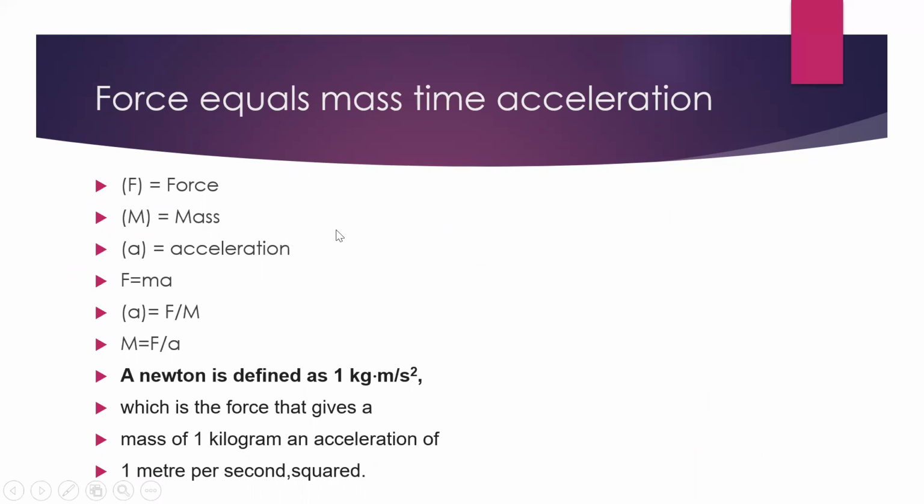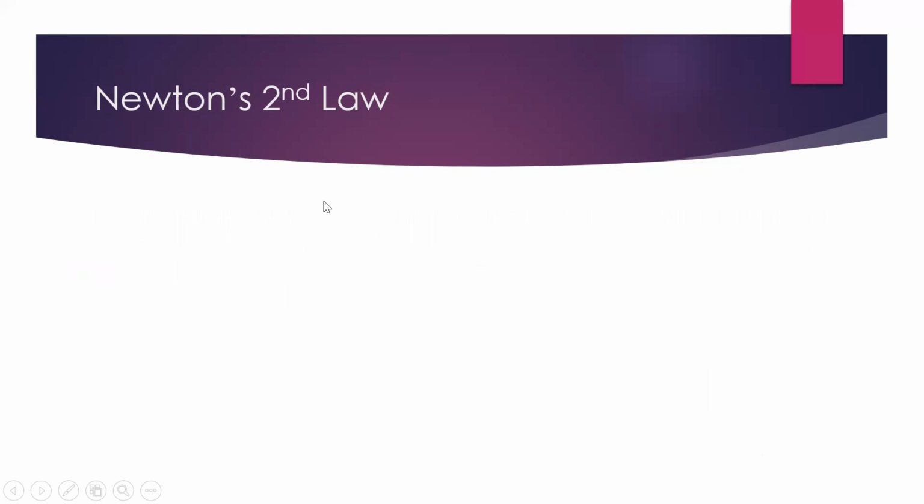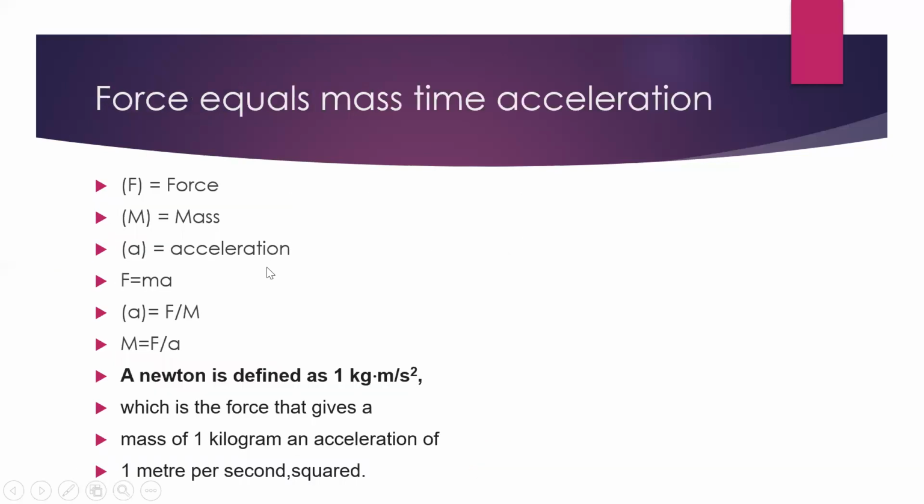So according to the second law of Isaac Newton, acceleration depends on two factors, the mass and the amount of force applied, so we can formulate the law as A equals F over M. Force equals mass multiplied by acceleration.